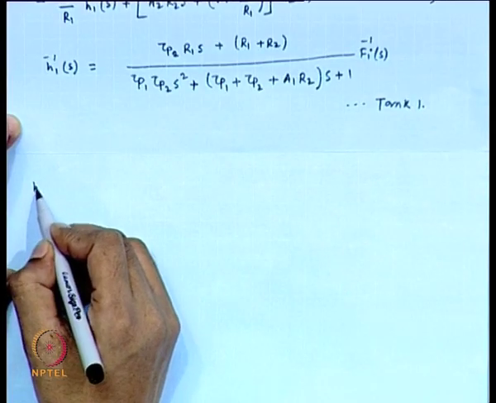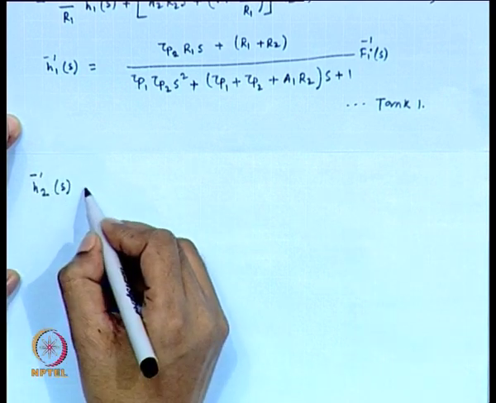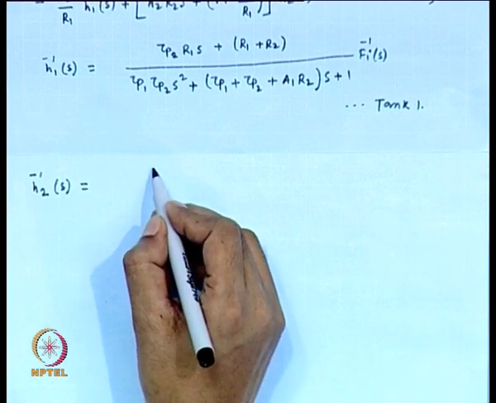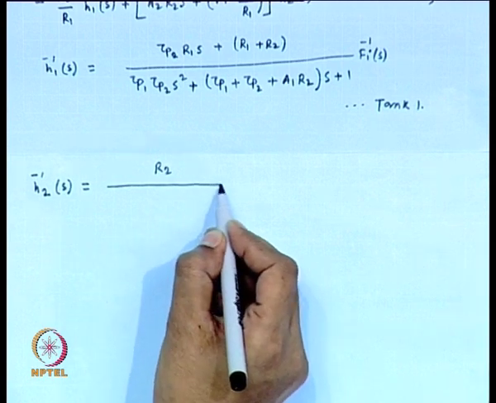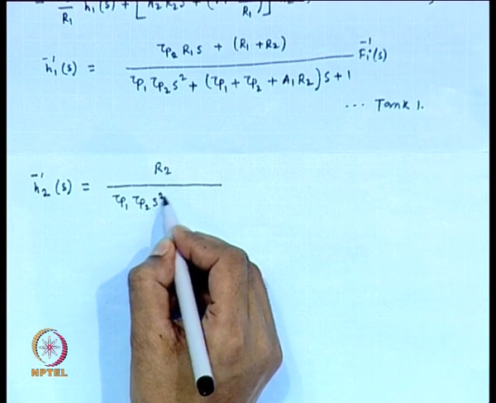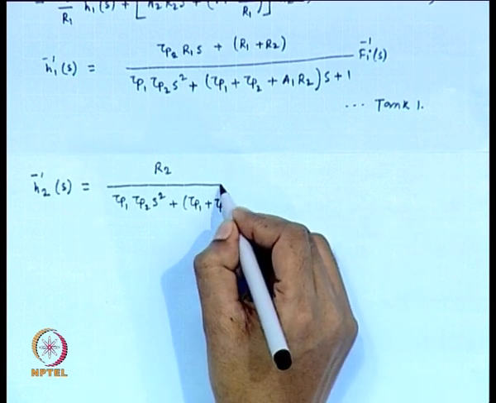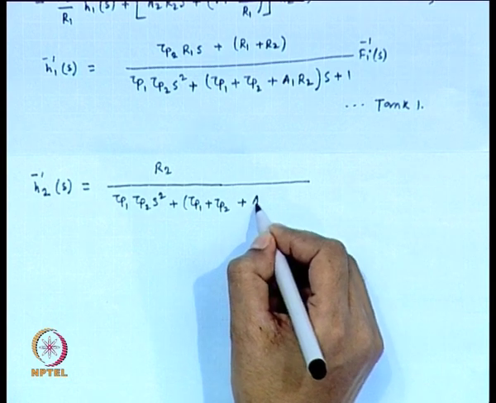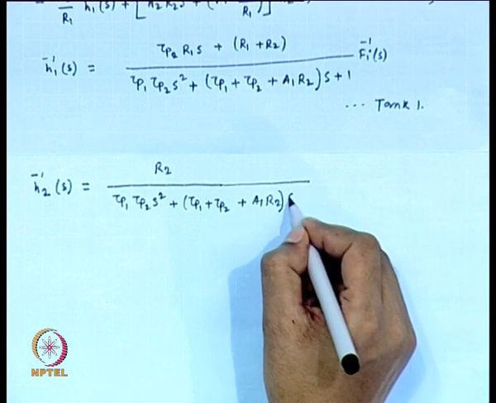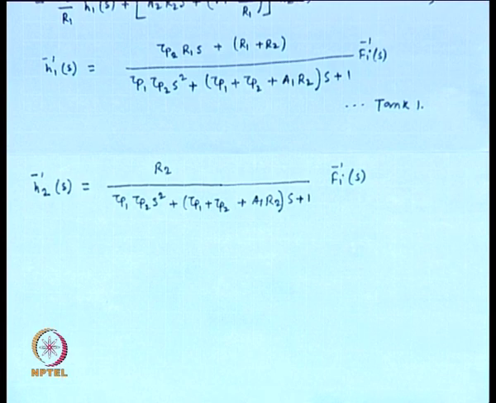Similarly, for tank 2, we obtain the transfer function as H2 bar prime(s) equals R2 divided by (tau P1 tau P2 s square plus (tau P1 plus tau P2 plus A1 R2) s plus 1) times Fi bar prime(s).